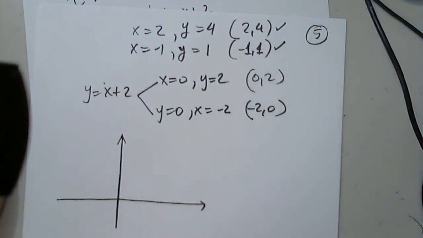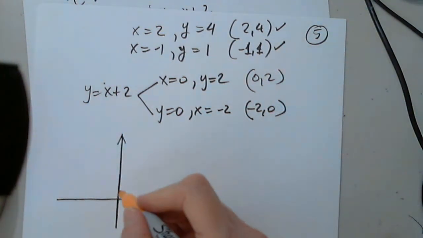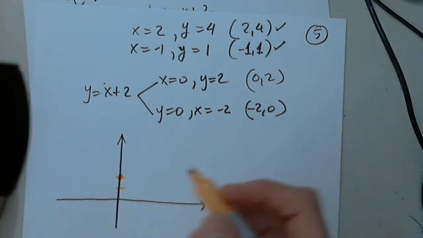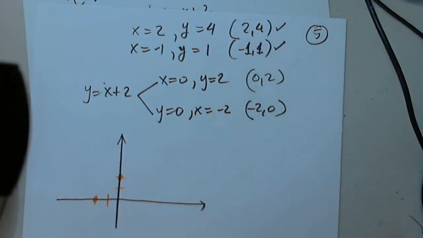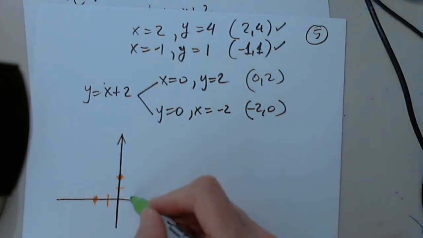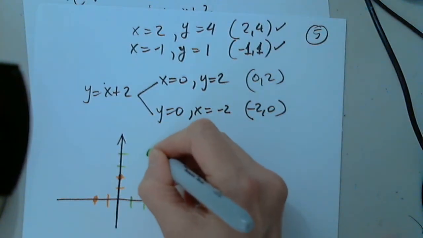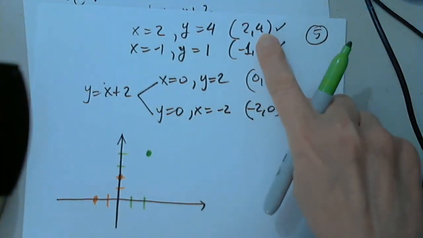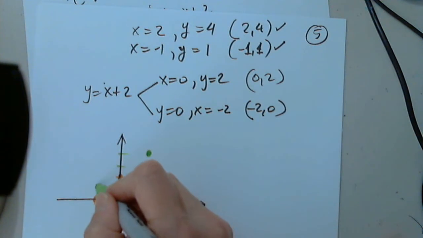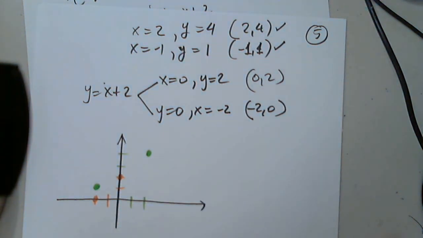And I have the line, which is 0, 2 and negative 2, 0. Before I even plot anything, I'm just going to make sure that 2, 4 is already carved in stone, and negative 1, 1, it's also carved in stone.